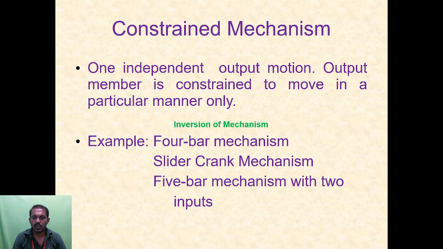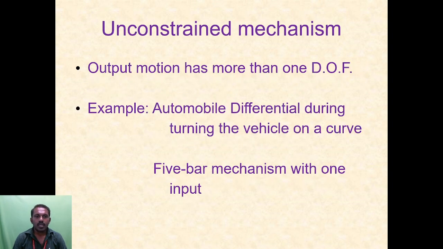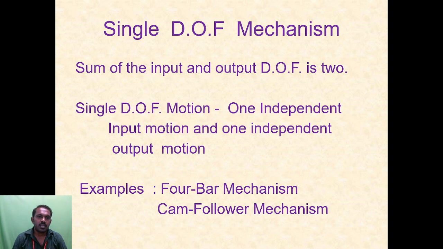In a 5-bar mechanism with 2 inputs, the output has more than 1 degree of freedom, for example the automobile differential when turning the vehicle on a curve. A 5-bar mechanism with 1 input: in a single degree of freedom mechanism, the sum of the input and output degrees of freedom is 2, with one independent input motion and one independent output motion.